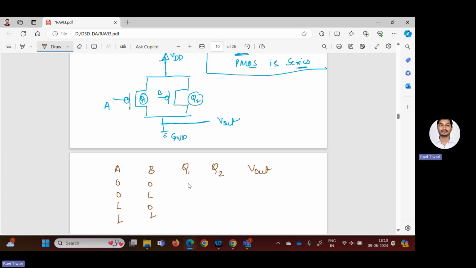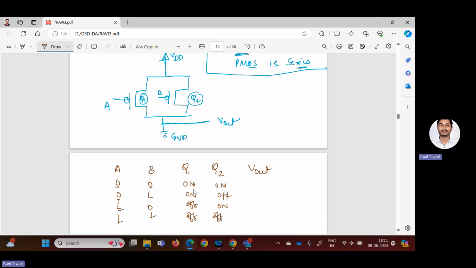We know that PMOS will be on if the input is 0. So here I'm writing this is on, because B is 0. This is on, this is off. Clear? If it is 1, then off. 0 means on, 1 means off.